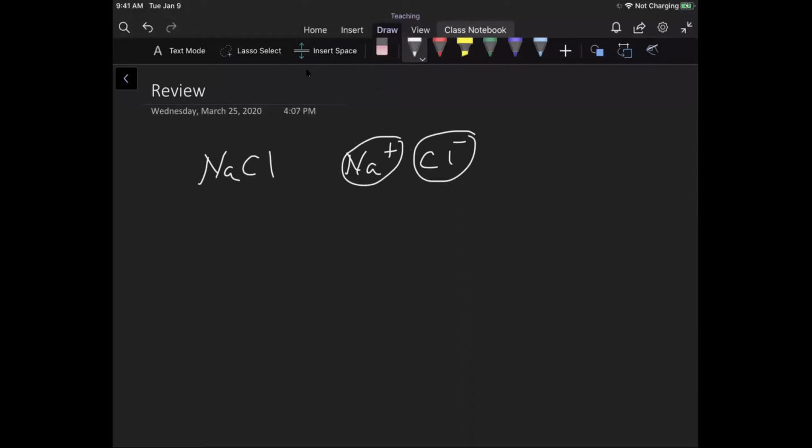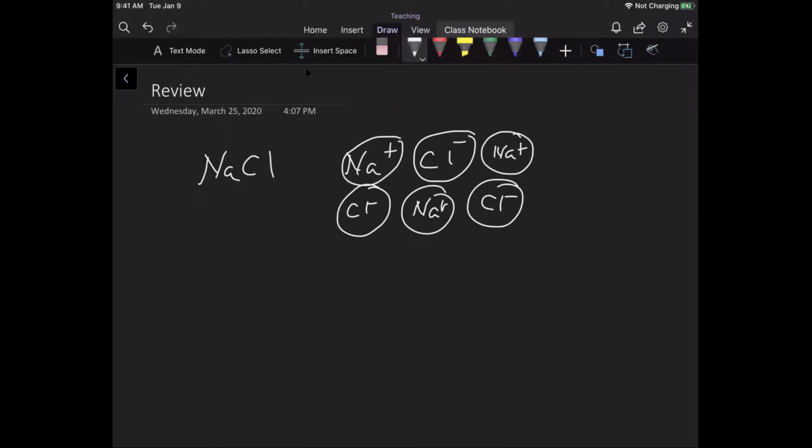Okay, and that it's not only 2 of those in our compound, but it's a huge array of those guys. So Cl minus, Na plus, I'm not going to write them all out. Cl minus. And this is a big 3-dimensional array, with on the order of 6 times 10 to the 23rd of those ions in our formula.